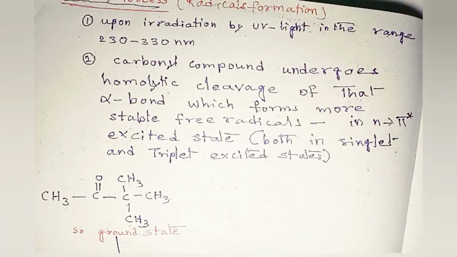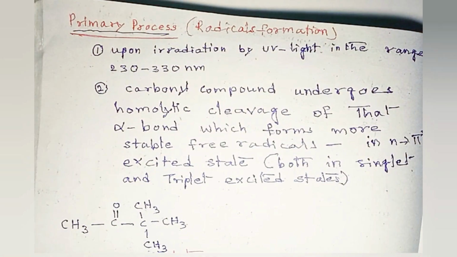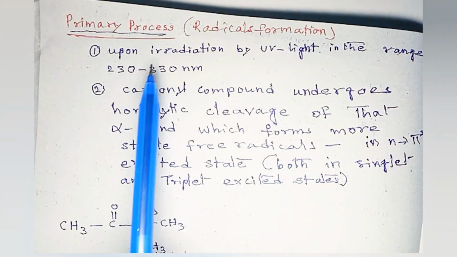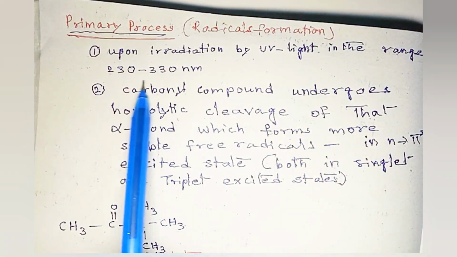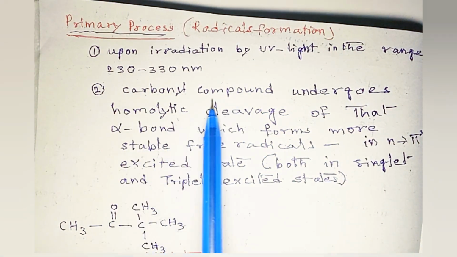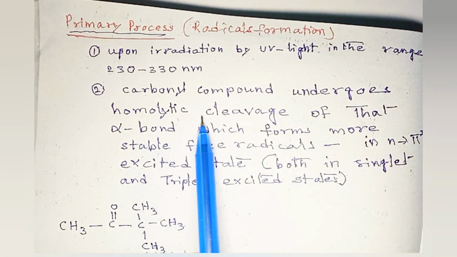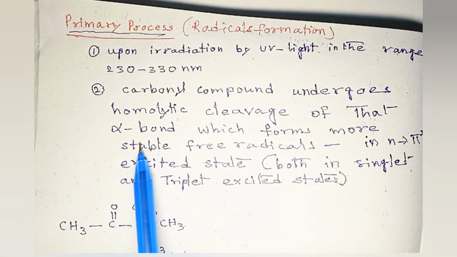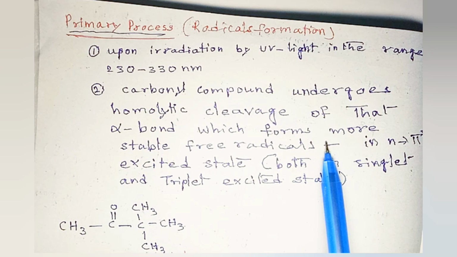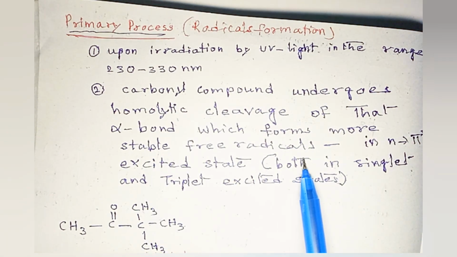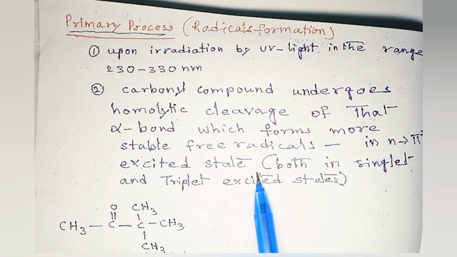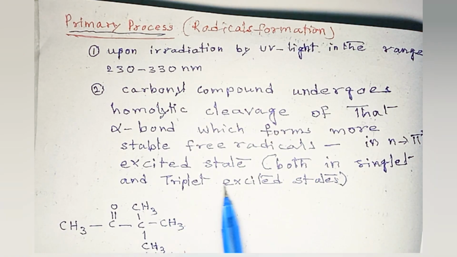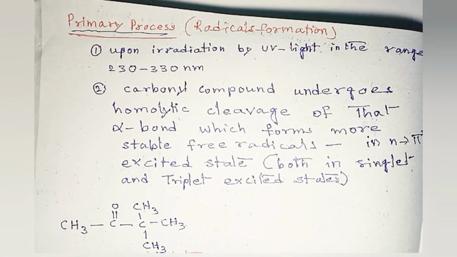Let us see the primary process. In the primary process, upon irradiation by UV light in the range 230 to 330 nanometers, the carbonyl compound undergoes homolytic cleavage of that alpha bond, which forms more stable free radicals in n to pi star excited state, both in the singlet and triplet excited states.